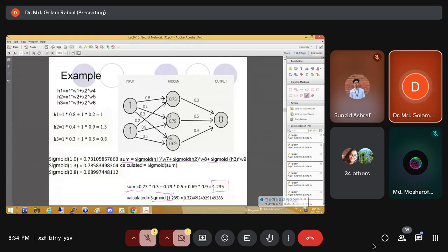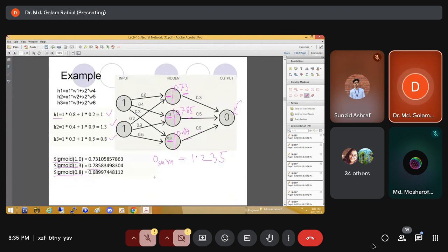Sigmoid of 1.235 will be 0.77469, so 0.775.